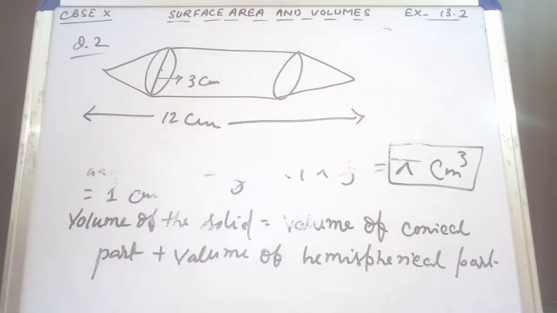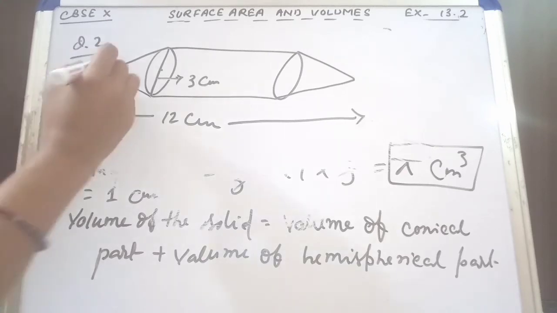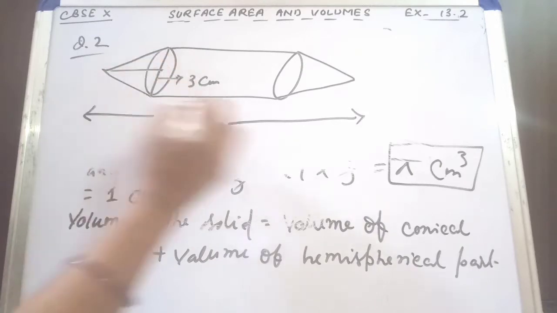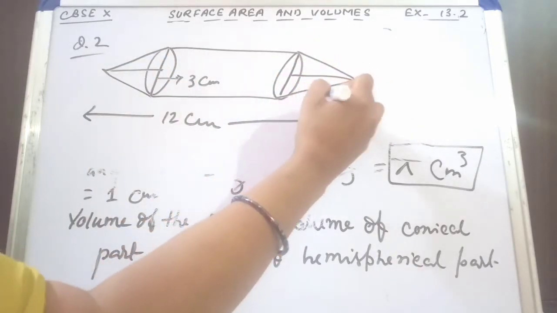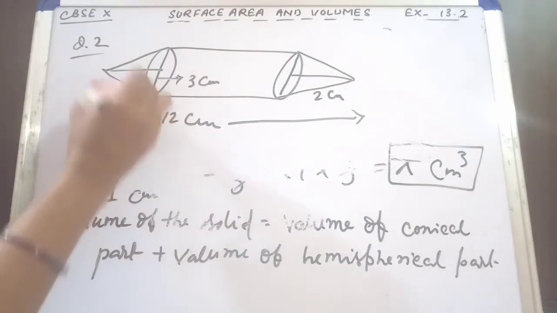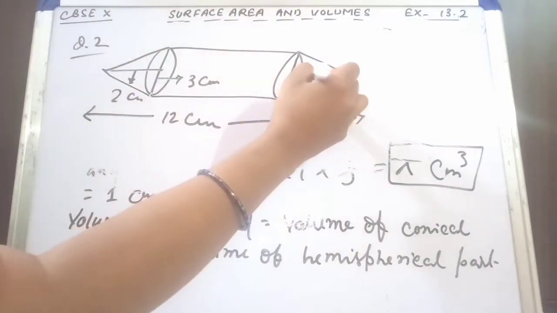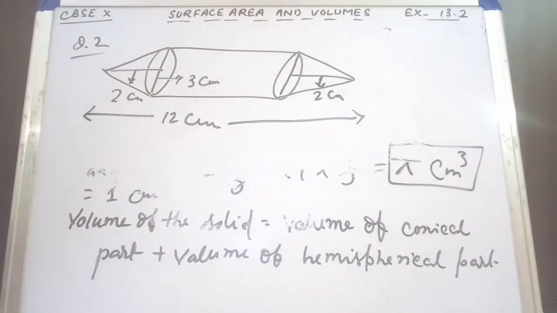And also given that each cone has a height of 2 centimeter, that means this height and this height, both 2 centimeter. So now you have to find the volume of air contained in the model.